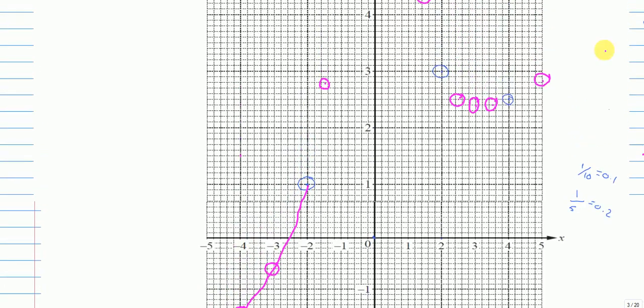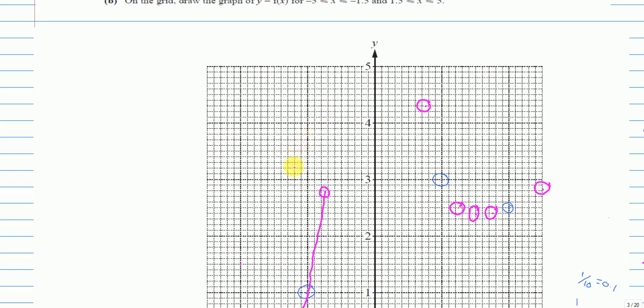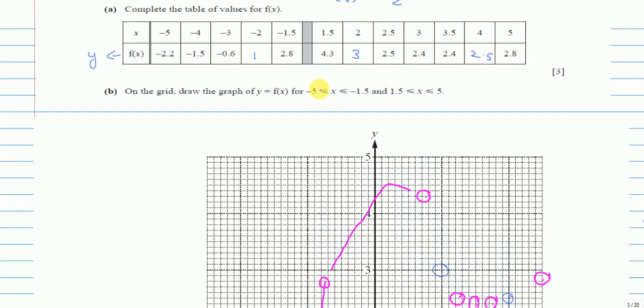And now the important point here is that you should not extend your graphs, because some of you might just go like this, or think about what's going to happen, and then complete the graph. There was a reason the examiner said you have to stop at negative 1.5.